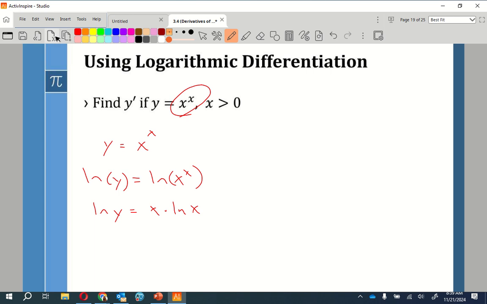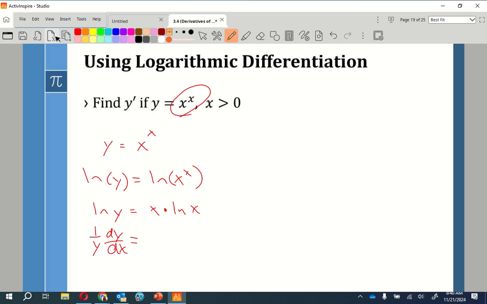And now let's go ahead and take the derivative. The derivative of ln y is 1 over y, very good, but still missing 1 over y times dy over dx. Perfect, good job. 1 over y dy dx is equal to, now there's a reason why I put that dot right there.